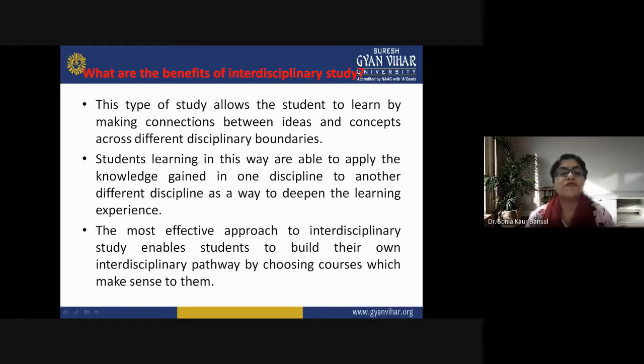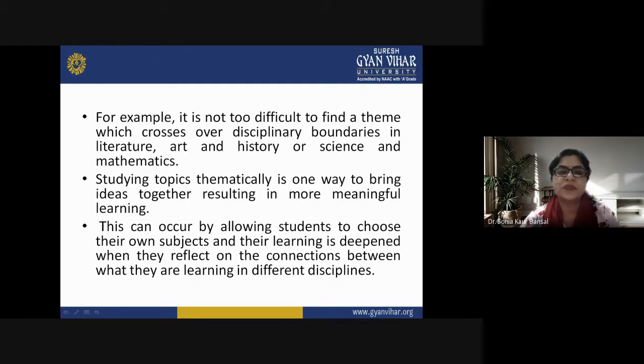The most effective approach to interdisciplinary study enables students to build their own interdisciplinary pathway by choosing courses which make sense to them. All right, students? For example, it is not too difficult to find a theme which crosses interdisciplinary boundaries in literature, art and history, or science and mathematics.